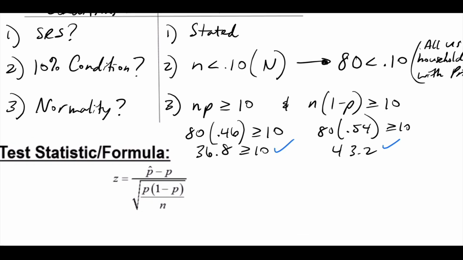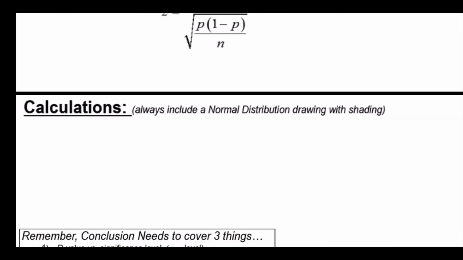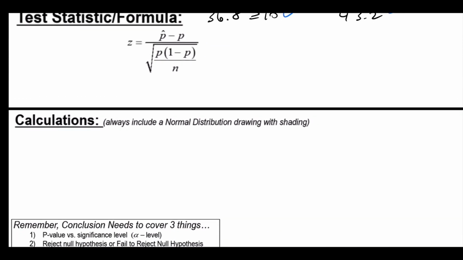Test statistic. I had already put the test statistic there because that's the same one we'd be using. That's the one we use for a one sample z-test for proportions. Okay. Now the calculations. So we're going to draw a picture.